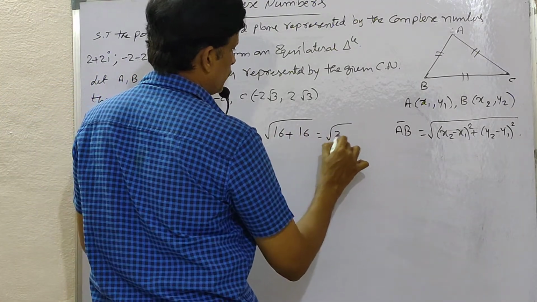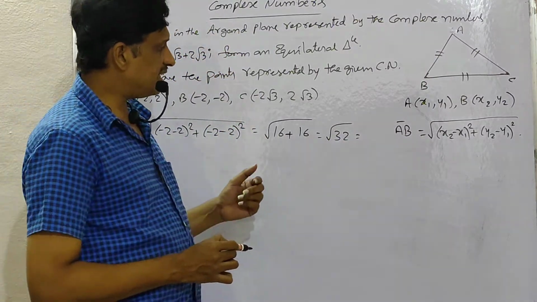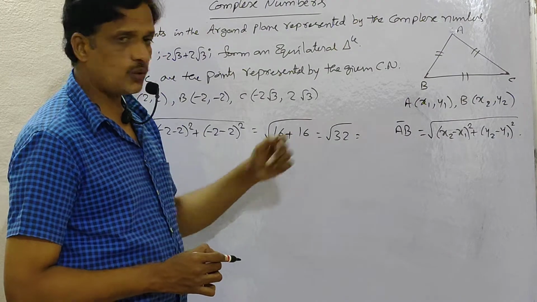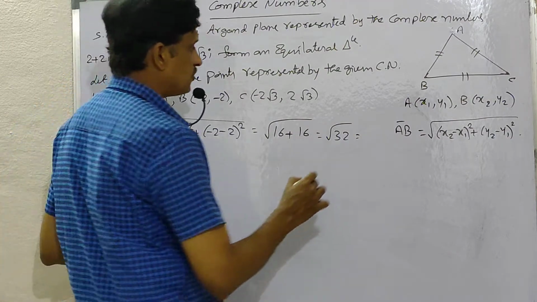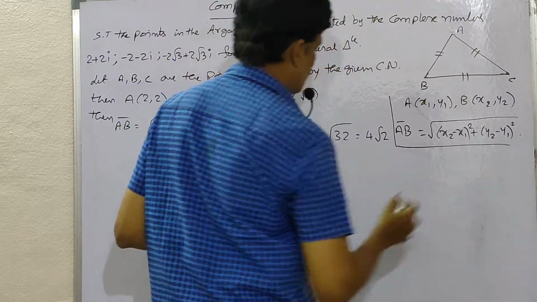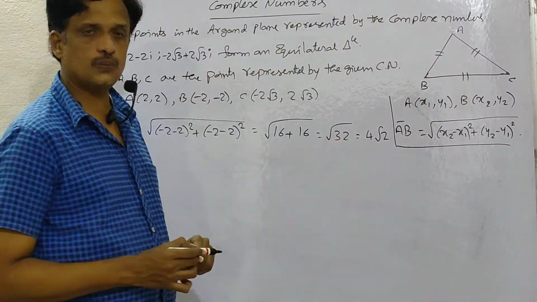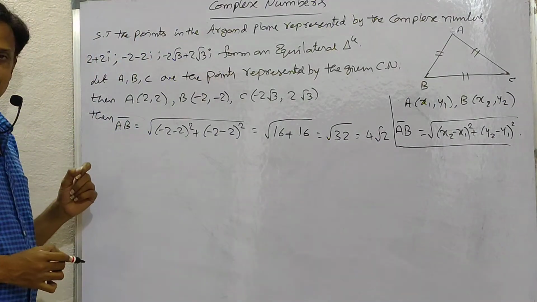That is root 32. 32 is 16 into 2, root 16 is 4, so it is equal to 4 root 2. That is the length of the side AB.